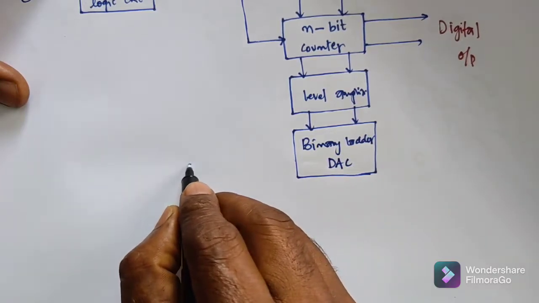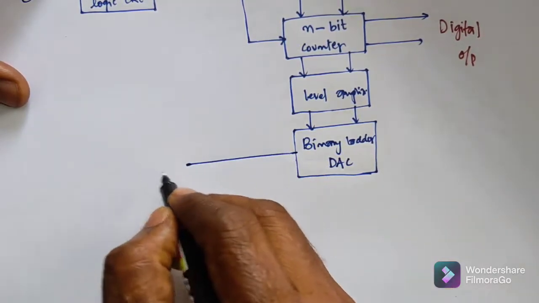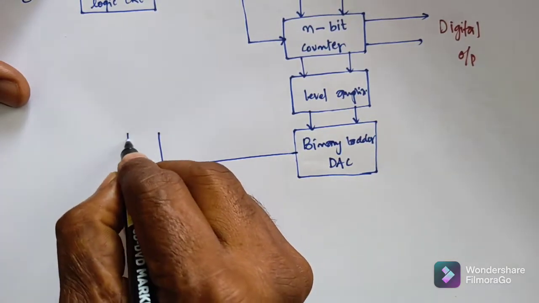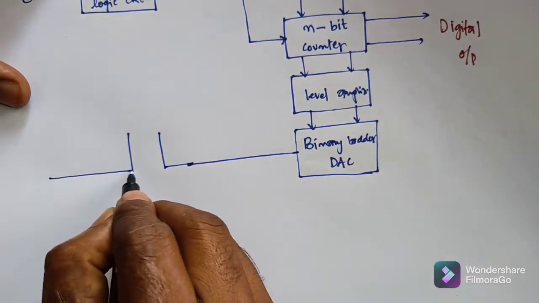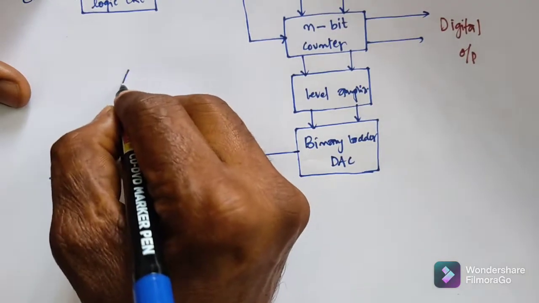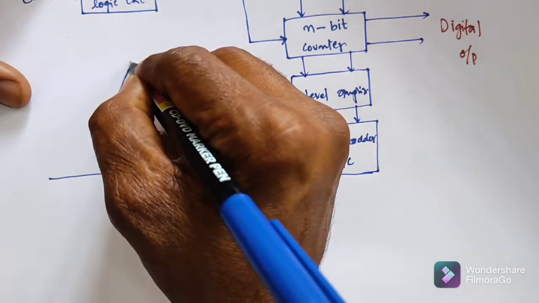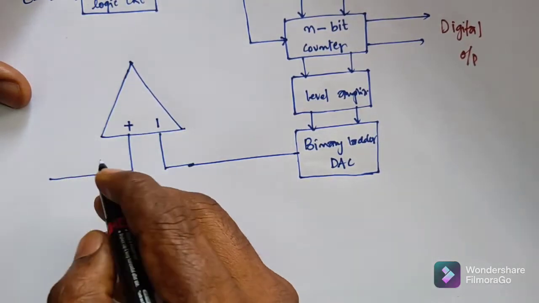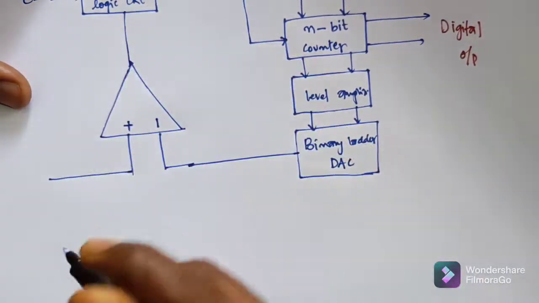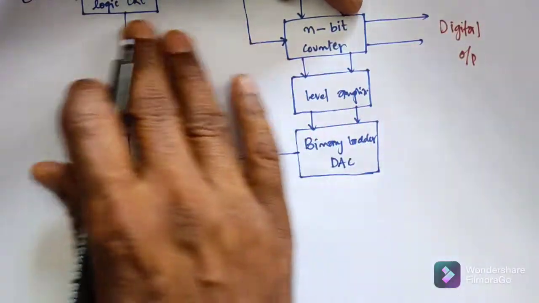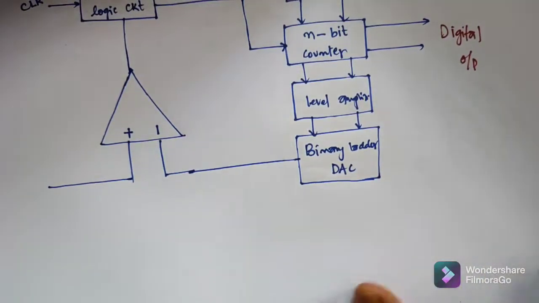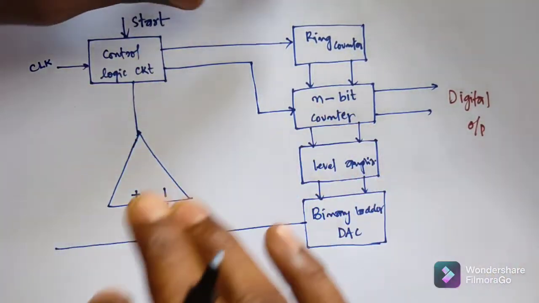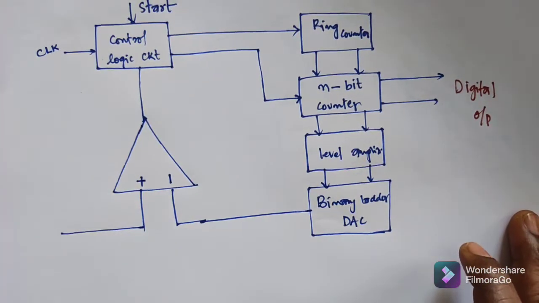Then that output is connected to the comparator, with plus and minus terminals. Except for the ring counter block, all the remaining blocks in this basic block diagram belong to the counter type.